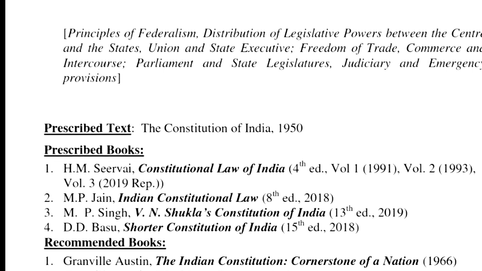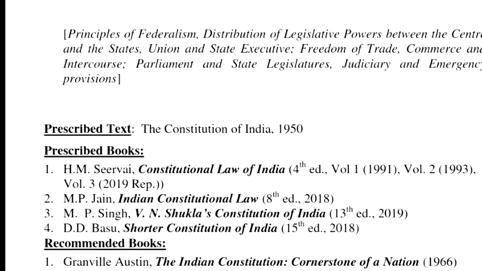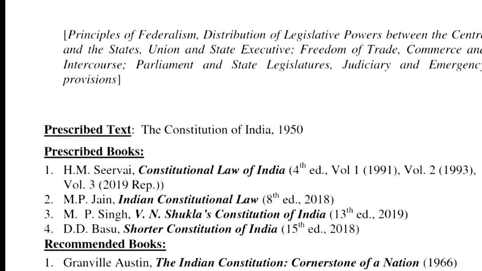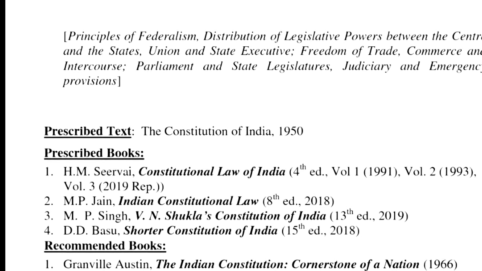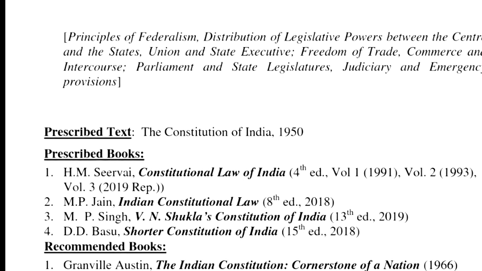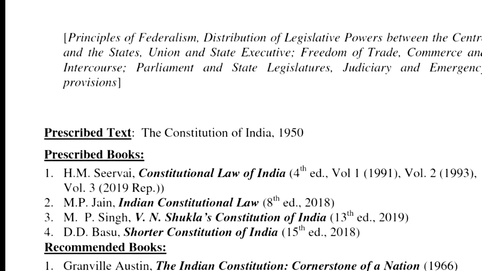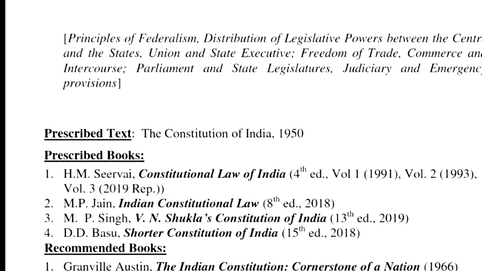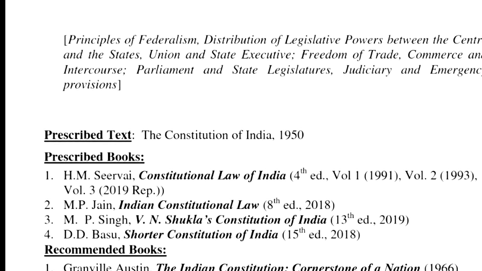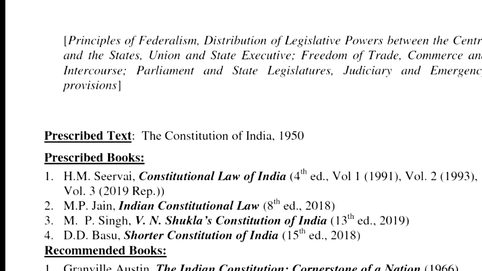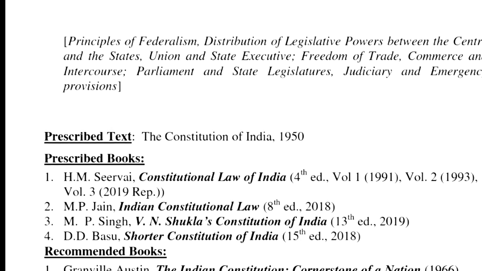So what we find is that now you must be asking yourself why we need to understand all this history. You need to understand history so that you understand the evolution of federalism in India. Much like any other concept, the concept of federalism in India has not been a static concept. Rather, the Indian federal model has developed over a period of time, learning from our own political and historical experiences.